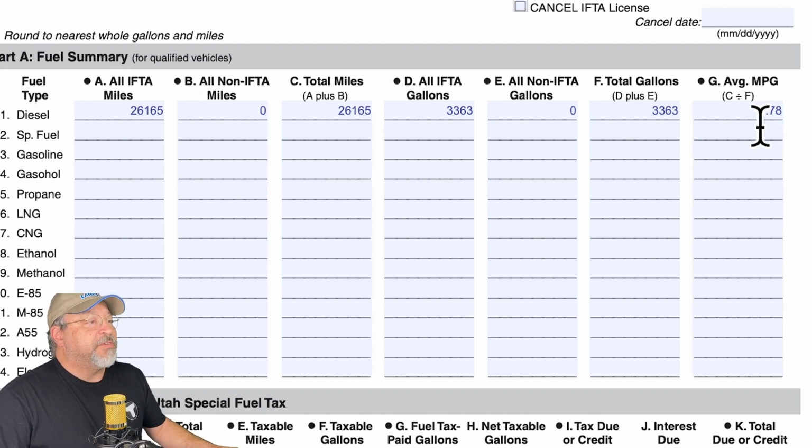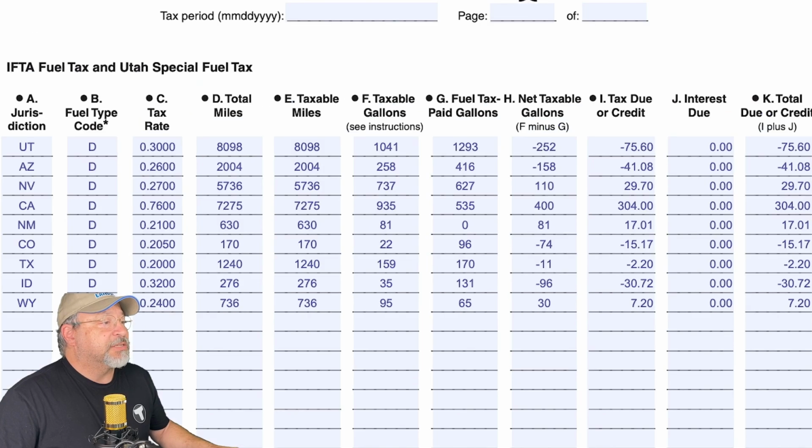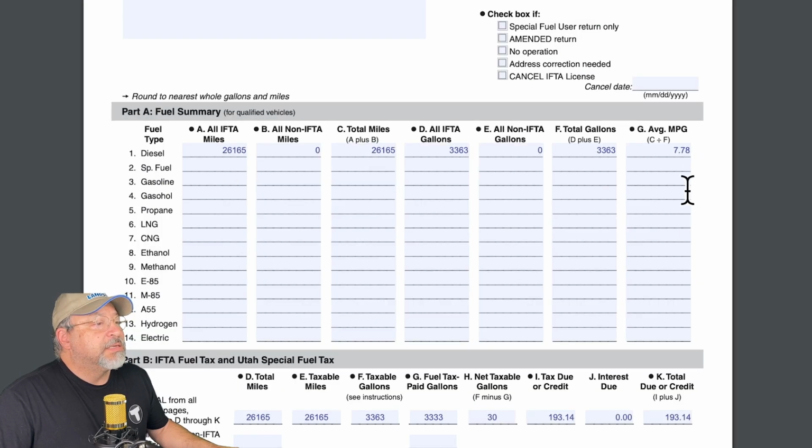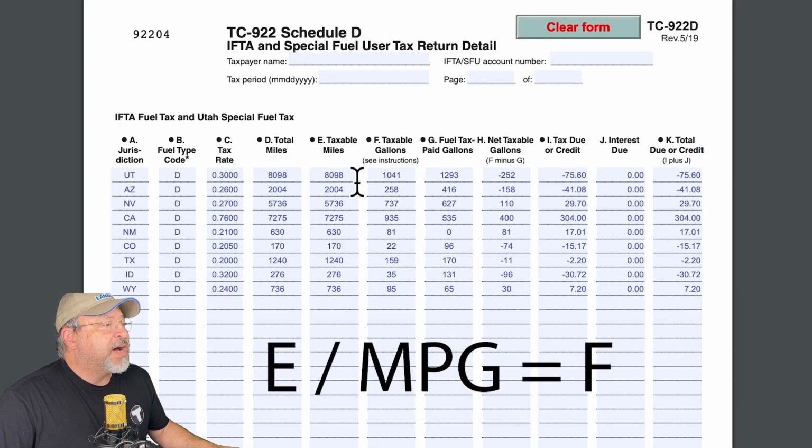So we need that figure now for our second sheet. Let's go back to the second sheet, and the way you get this 1,041 is you take the total miles that you traveled in Utah and you divide that by 7.78. When you divide these miles by 7.78, you get 1,041.